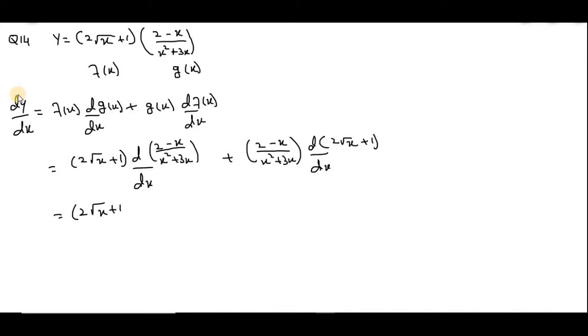Now we are going to differentiate 2 under root x plus 1. Here we are going to use the division rule, which means that we are taking the derivative of g of x, which is 2 minus x divided by x square plus 3x.